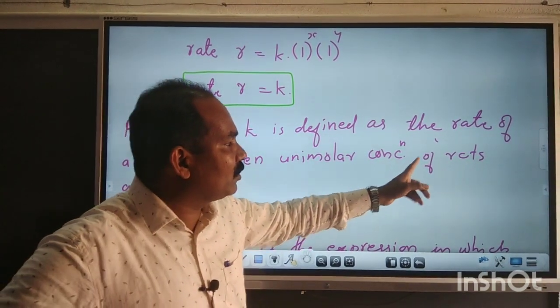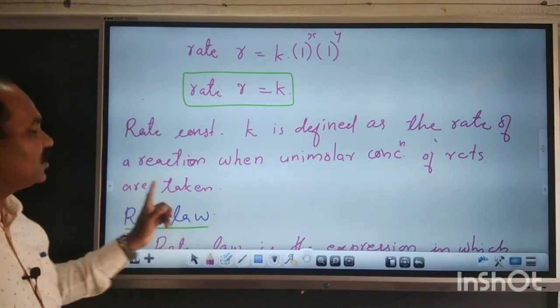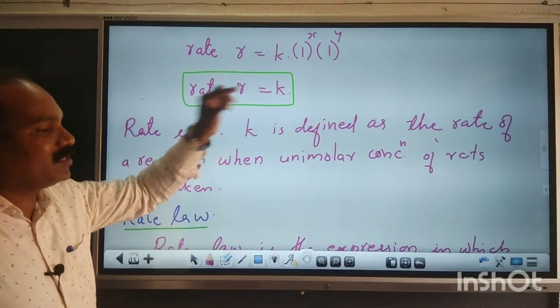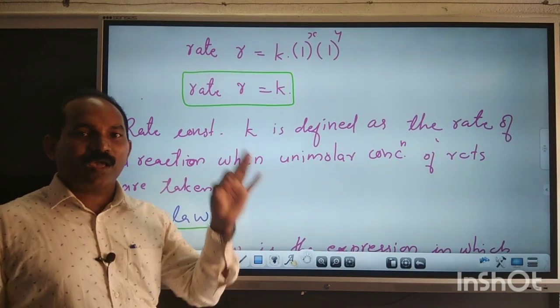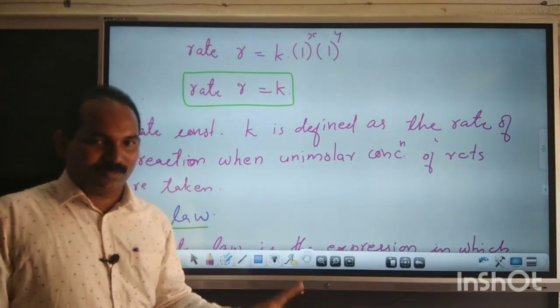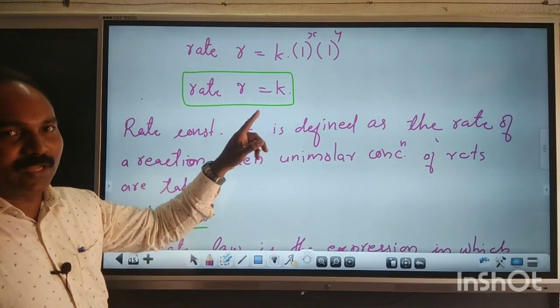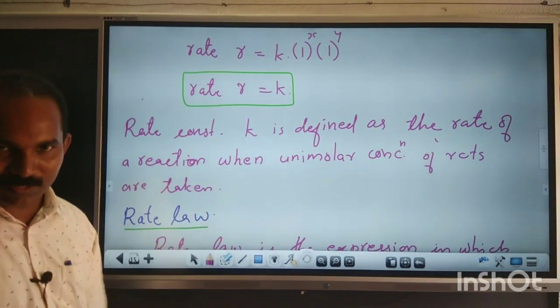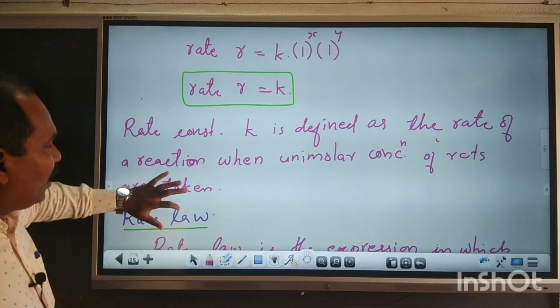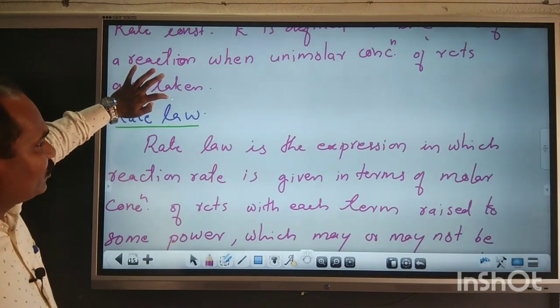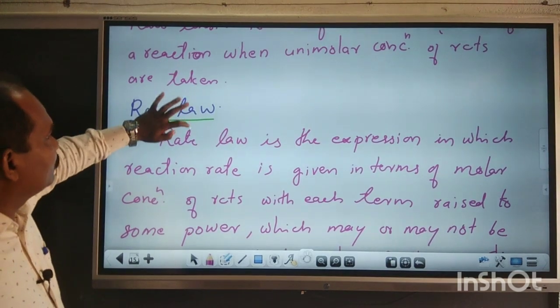So that's the definition of k. Remember this equation: if the concentrations of A and B are unity, the rate becomes the rate constant, or the rate constant becomes the rate.